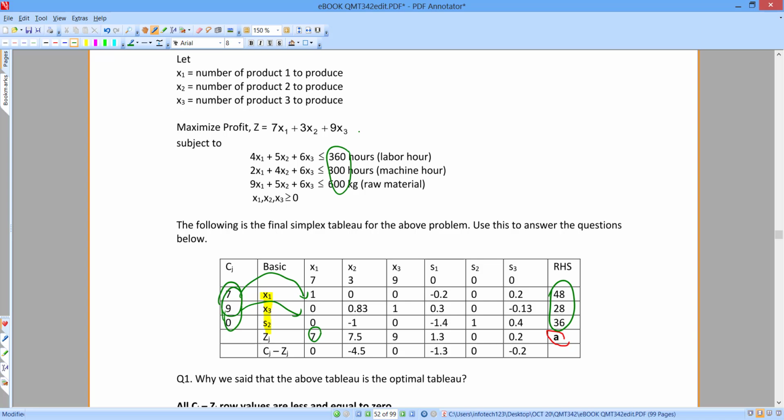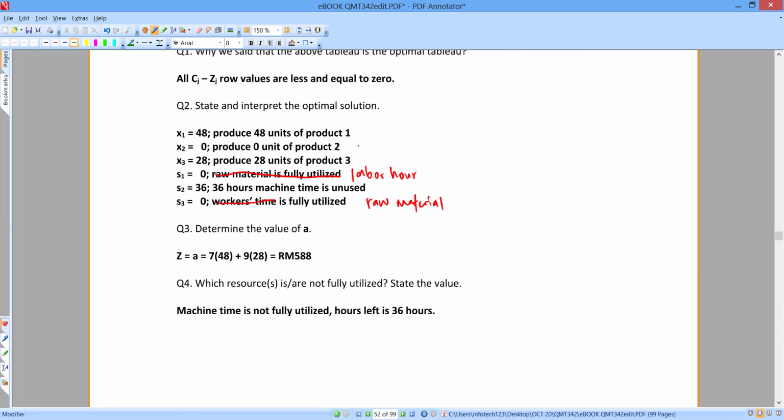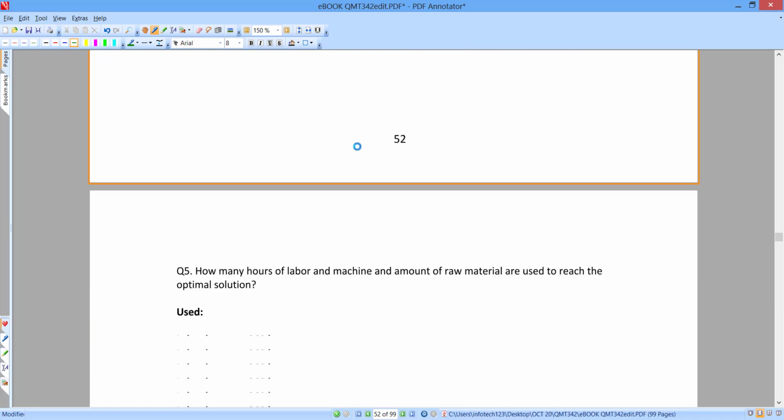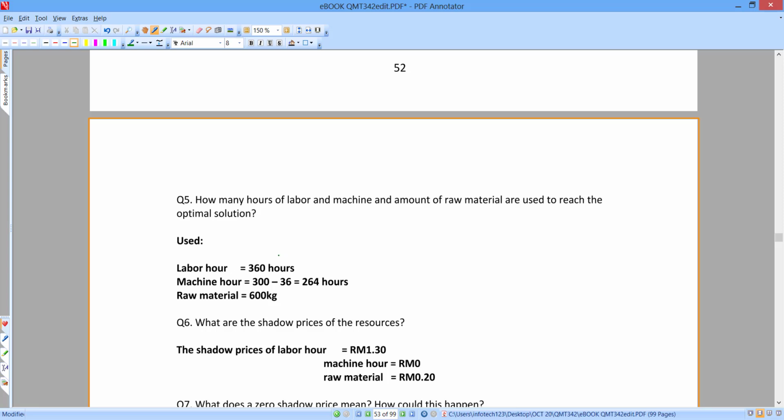Machine hour we not fully utilize for machine hour, tapi untuk raw material kita dah fully utilize. Okay, so we tulis kat sini, we have used labor hour 360. Betul lah machine hour sebab kita ada baki dia 36. So amount used hanyalah 264 hours. Raw material kita dah use 600 kg.